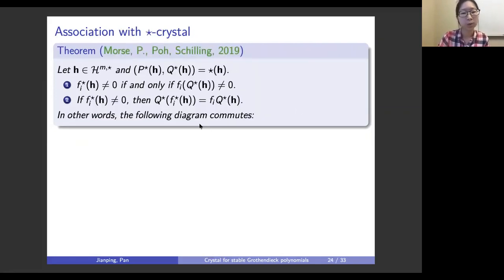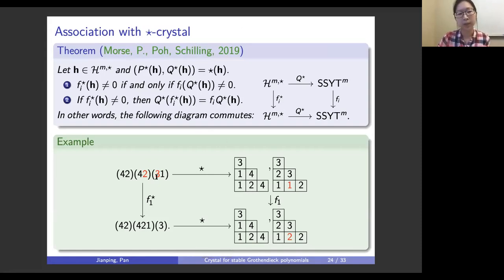Furthermore, we show that this is associated to our star crystal we talked about earlier. Basically, you have a decreasing Hecke factorization, and you can apply the star insertion algorithm to get a pair of tableaux, and you can apply the crystal operator we just defined on the decreasing factorization, get something here, and again you can apply the insertion and get a pair of them. So there are two things.